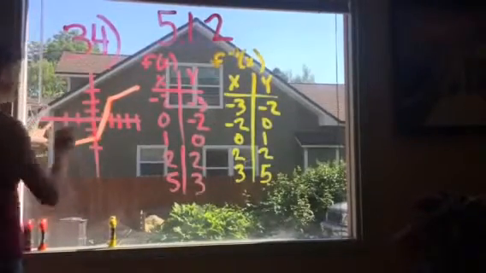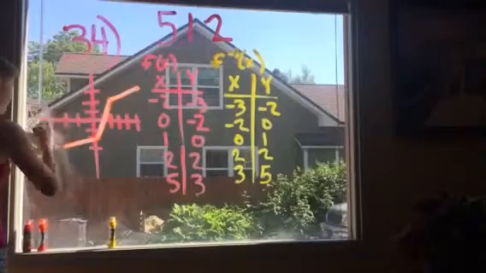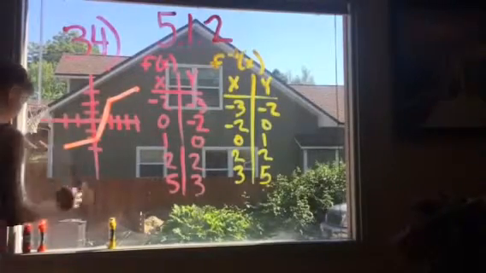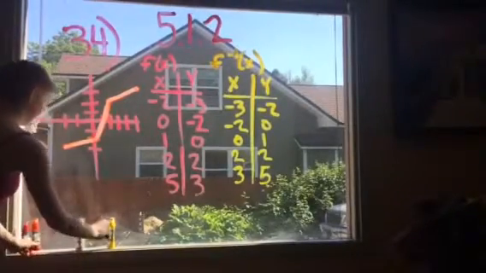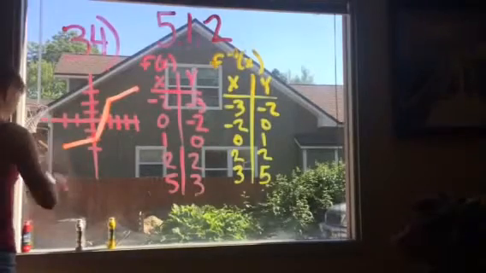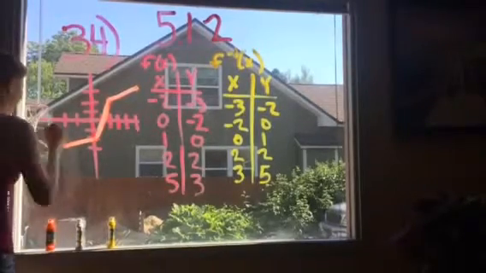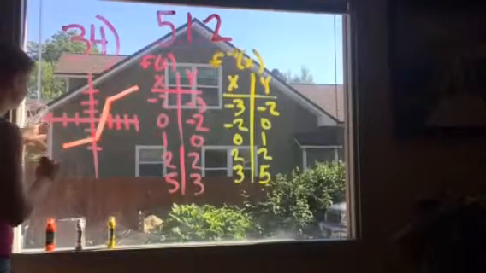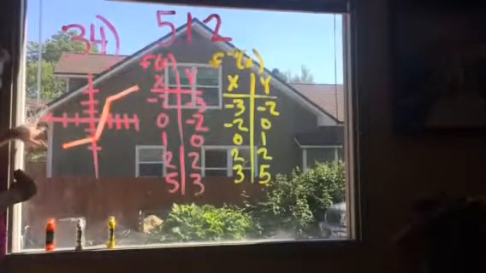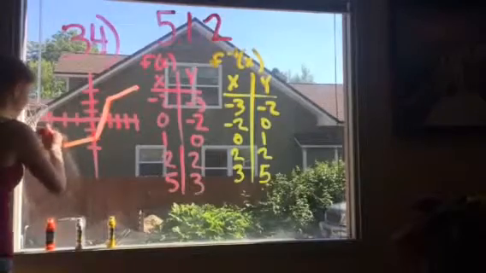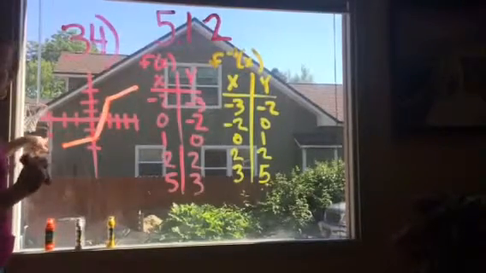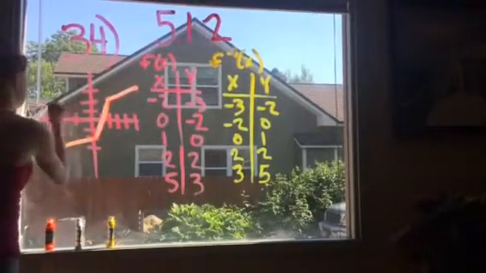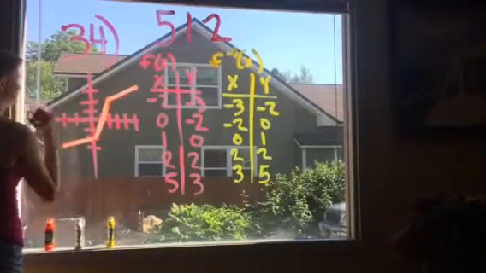So we have to go out to -3 this time. So, -3, -2. So, over 3 and down 2. So, we have that point right there. And then -2, 0 would be here on the x-axis.